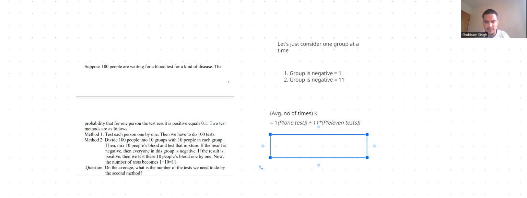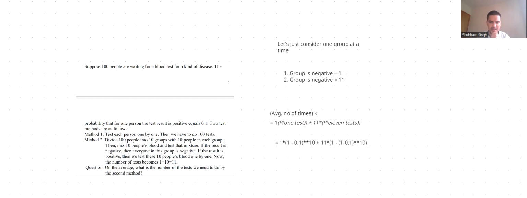This does not look very clear, but once I solve it, it should look a lot clearer. This becomes 0.9 and this becomes 0.9 as well.